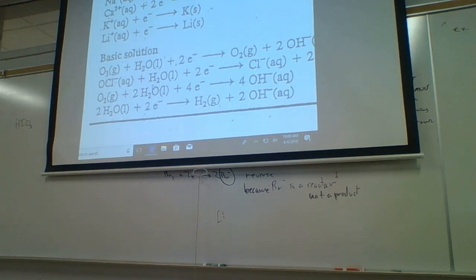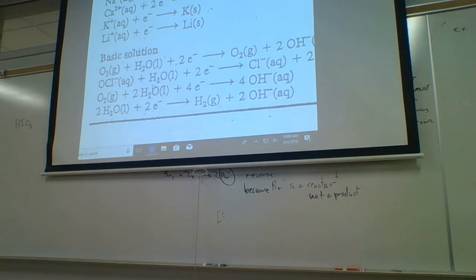This is going to yield hydrogen gas plus 2 hydroxides. And then we'll take the reaction for potassium. But potassium we're going to have to reverse because potassium's like this. Potassium ion plus an electron goes to potassium solid. And so we're going to reverse this, because potassium is the reactant. Potassium goes to potassium ion plus an electron.